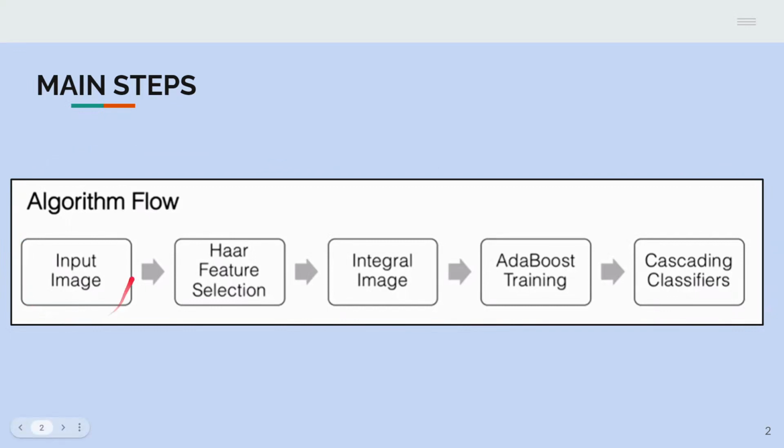As you can see, we take the input image, then we do Haar feature selection on the input image, we calculate the integral image, we do Adaboost training to reduce the number of facial features, to reduce our computation, and finally we use a cascading classifier to ultimately do the face detection. The detailed workflow will be seen in the subsequent slides.